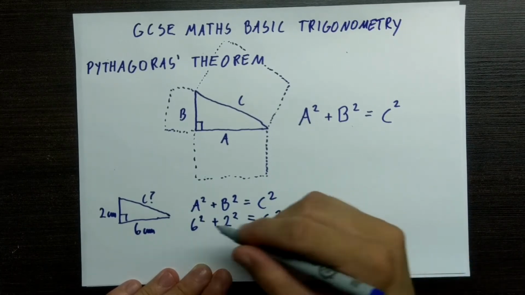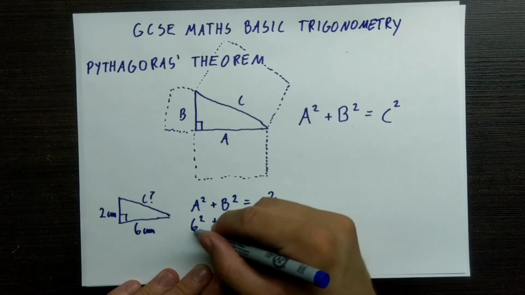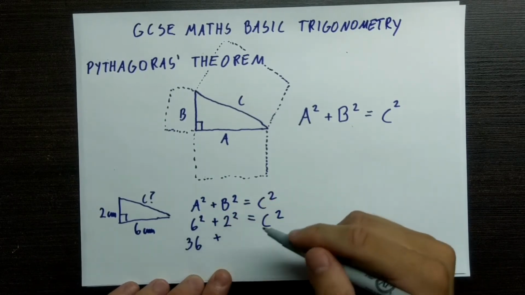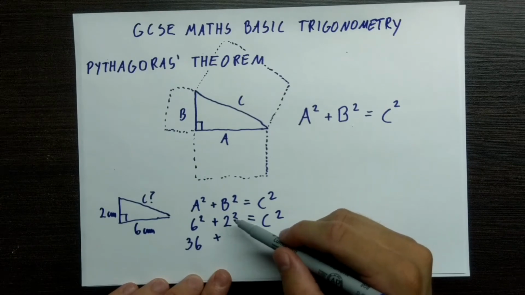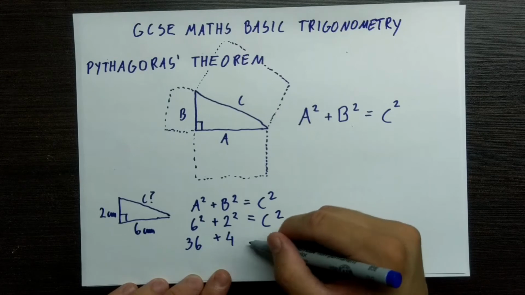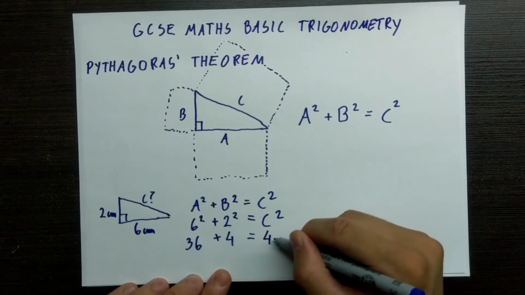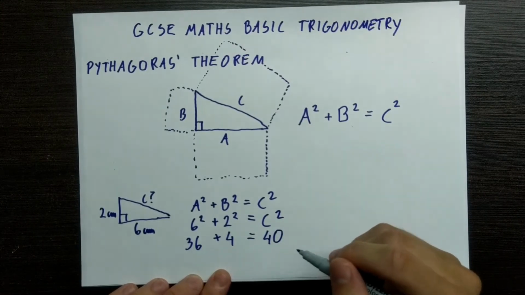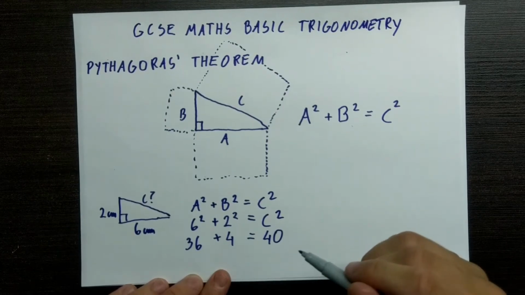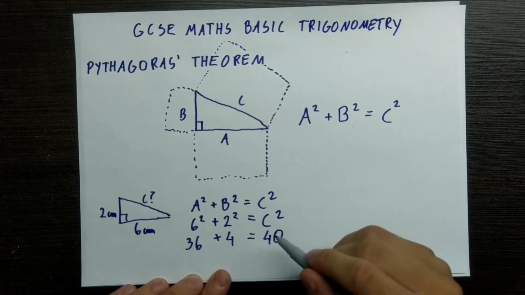Now let's find these squares. 6 times 6 is 36, plus 2 squared is 4. So 36 plus 4 is 40. However, this is C squared. Now this is a very, very common mistake. You've got to be careful here.